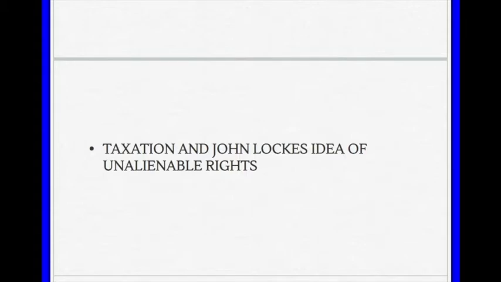This was not a new idea. This came from the English Constitution, and Locke was reaffirming this. You couldn't take property without due process. We learned that from the Magna Carta.